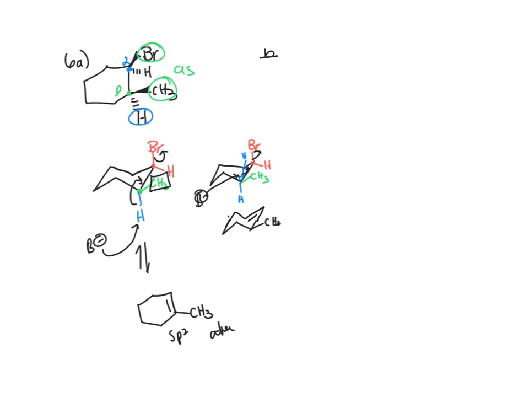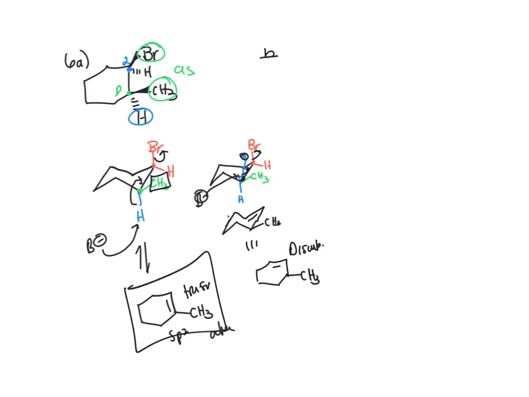Okay, so that would be that. And what does that look like? This one, you see how this has two hydrogens and it gives you a disubstituted, and this one has a trisubstituted. So this is your major product.